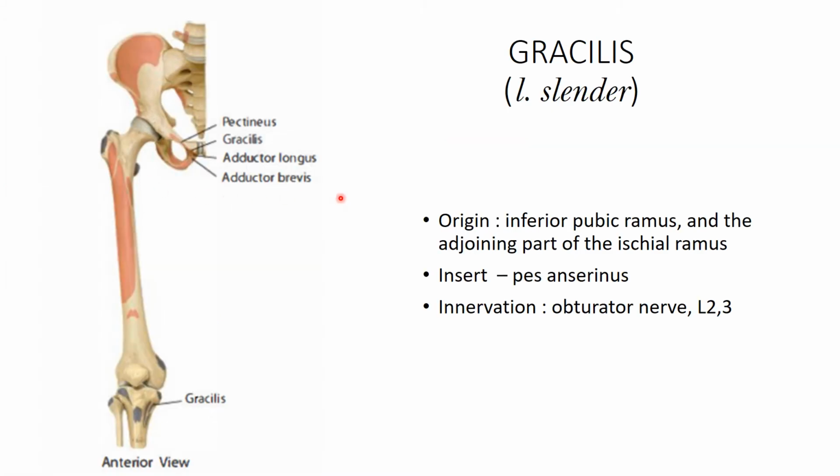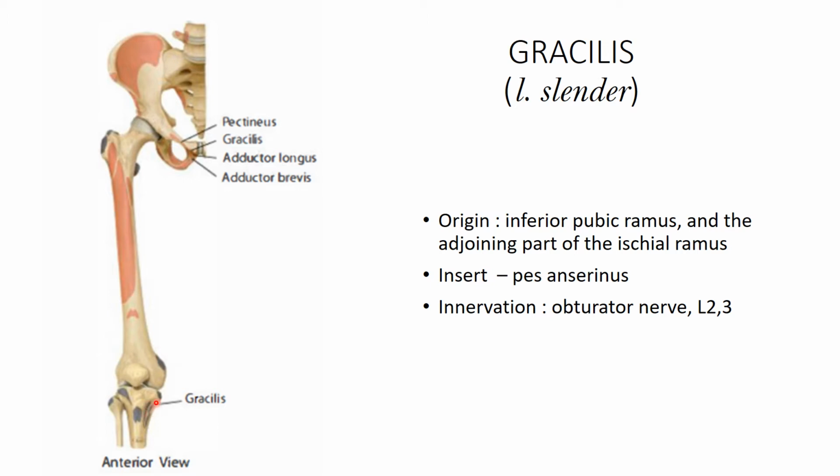Now next is this long slender muscle, and that's why it got its name, gracilis. The gracilis arises from the inferior pubic ramus and the adjoining part of the ischial ramus. This initial portion is fleshy and broader, and it inserts into the pes anserinus, where there is an insertion of sartorius, gracilis, and semitendinosus.